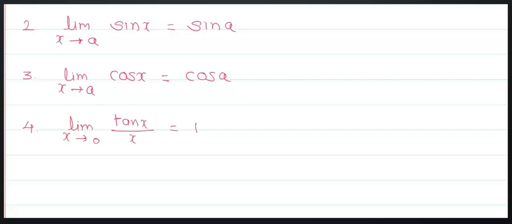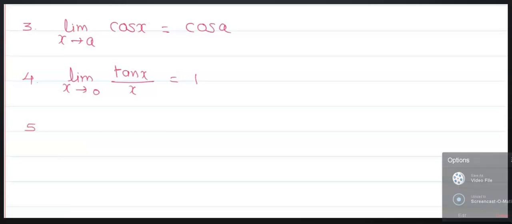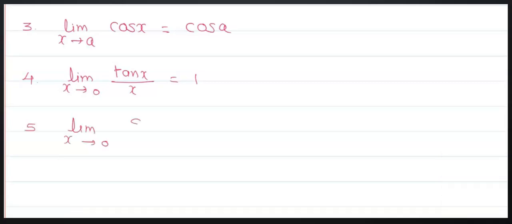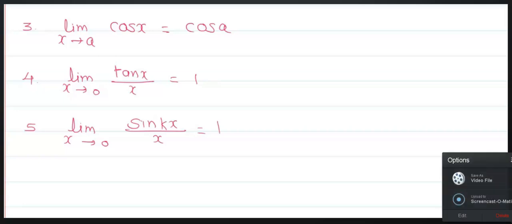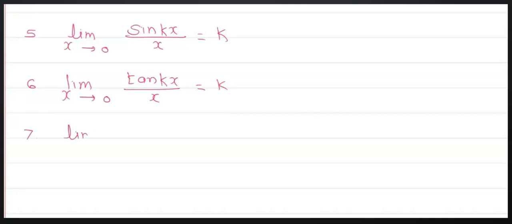Limit x tends to 0, tan x upon x is equal to 1. Limit x tends to 0, sin kx upon x is equal to k. Limit x tends to 0, tan kx upon x is equal to k.